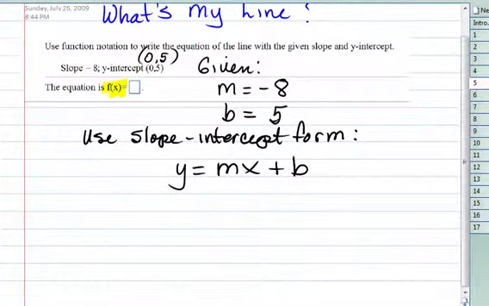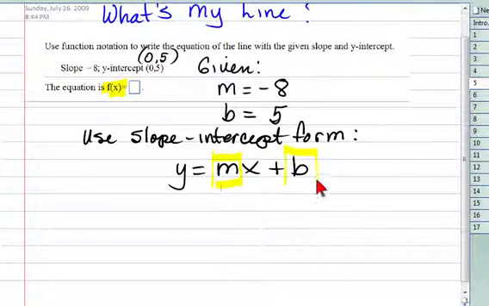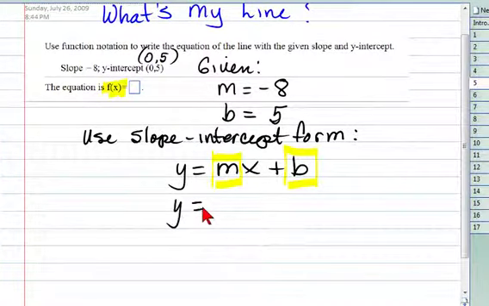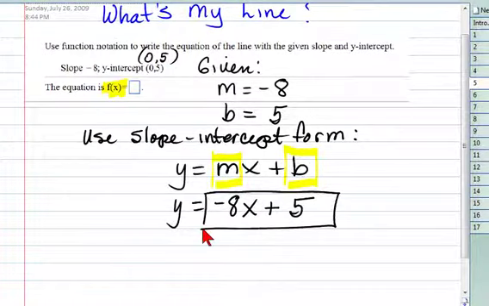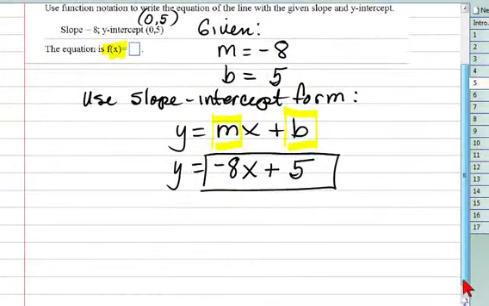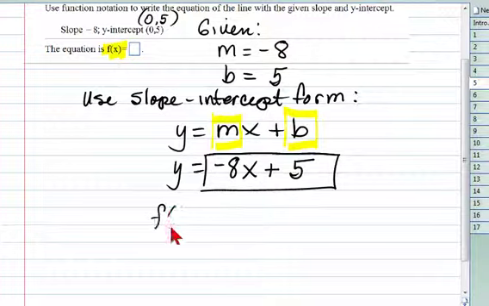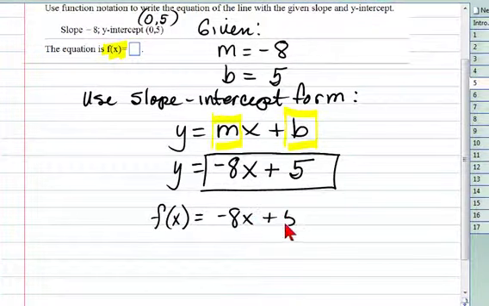You need to plug in for m and for b. Do you know what to plug in? And please say yes. All right, what is the slope? -8 times x plus 5. Done. There's your answer. Now, in Math Lab, it will not say y equals, it will say f of x equals -8x plus 5.